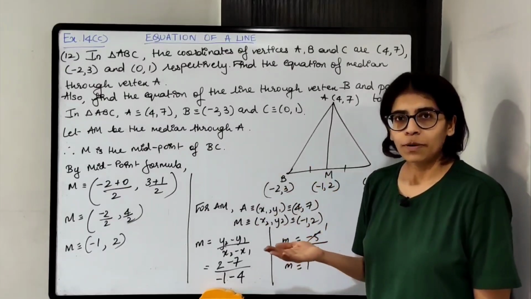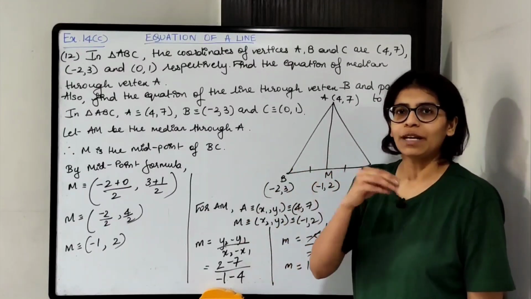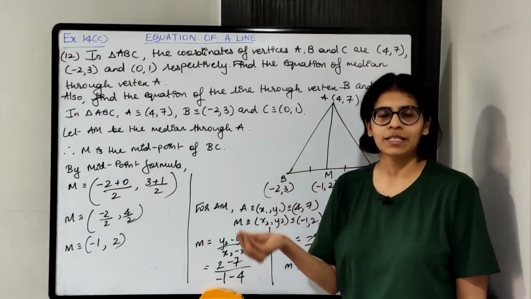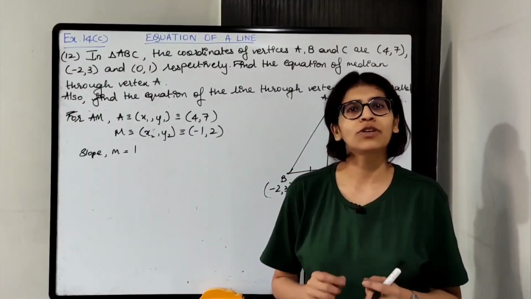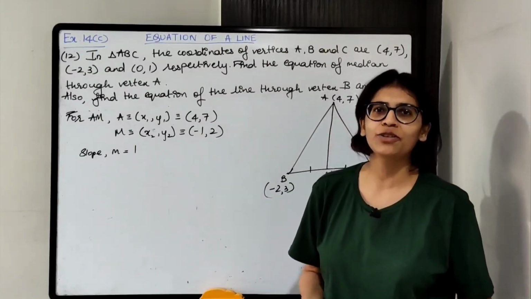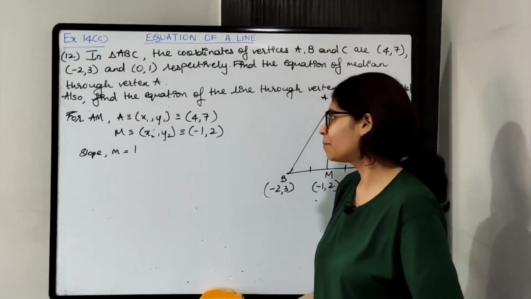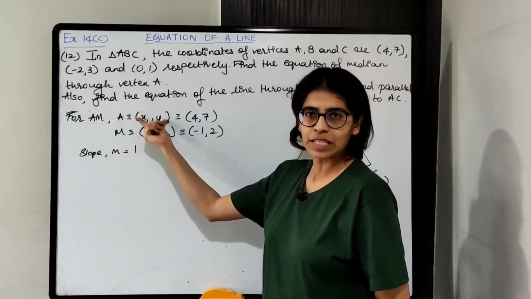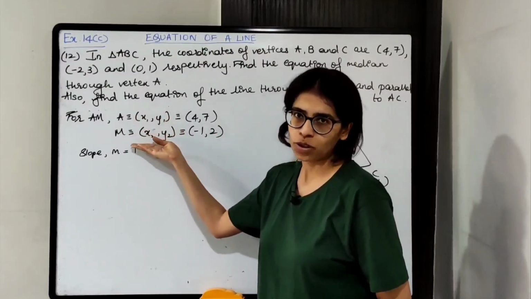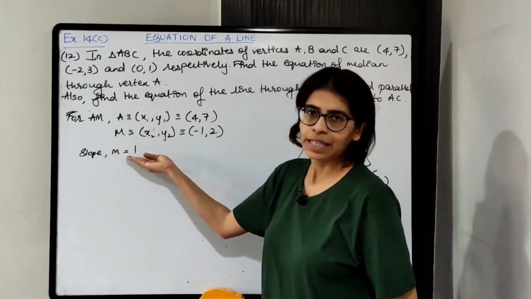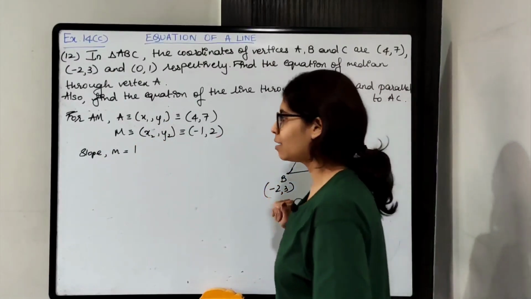We got slope. Now using the formula y minus y1 is equal to m into x minus x1, we'll find out the equation of AM. So write down all the information that is required to find the equation of AM. A we have taken as x1 y1, M as x2 y2. Okay, so I just rewrote that. Slope मिल गया, that is slope m is 1.